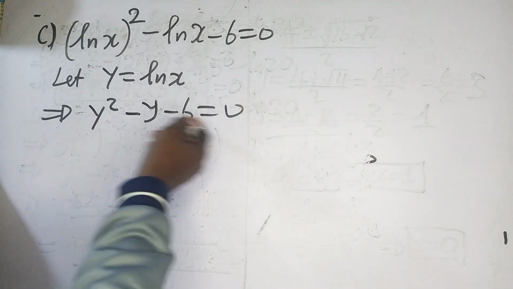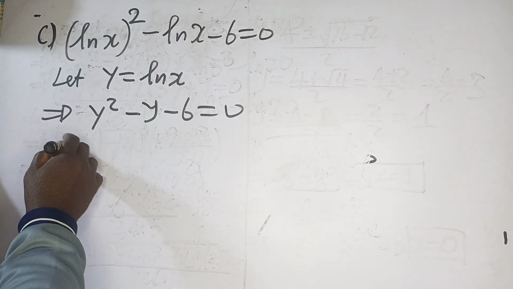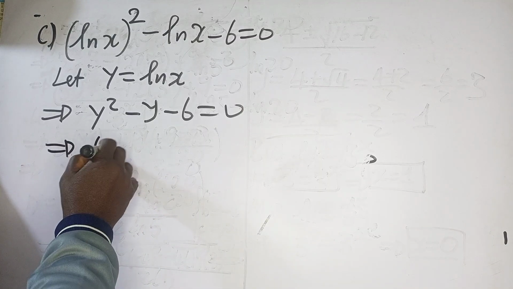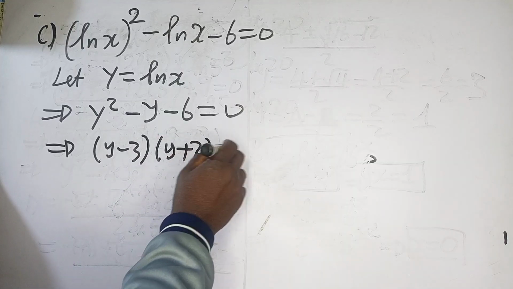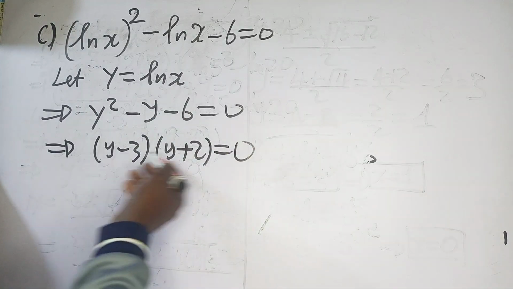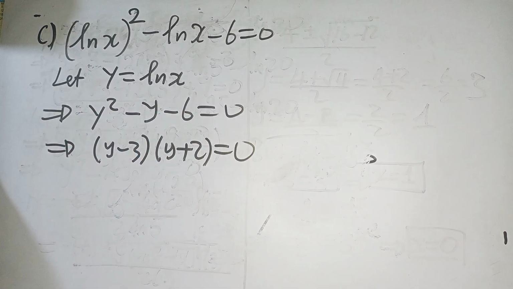If we factorize this out, let's use the factorization method. We obtain y minus 3 times y plus 2 is equal to 0. If you expand this out, you get back to this. Otherwise, you can use the quadratic formula and find those roots.